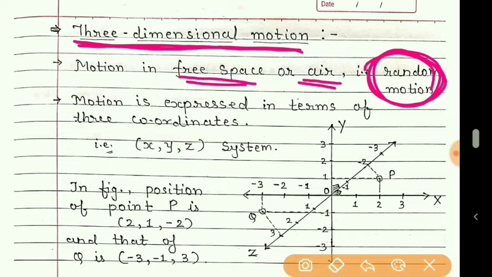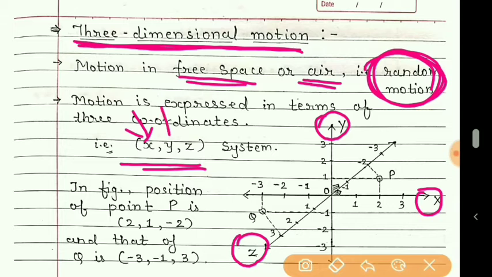So for that we know that three coordinates change: its x coordinate, its y coordinate, and its z coordinate. So such type of motion, or the position of the object, is represented by the x, y, and z coordinate system.